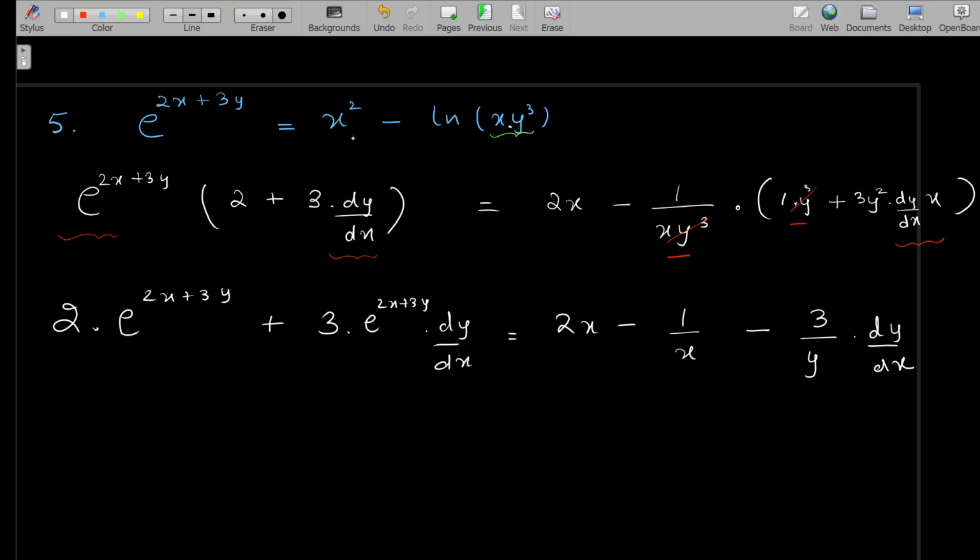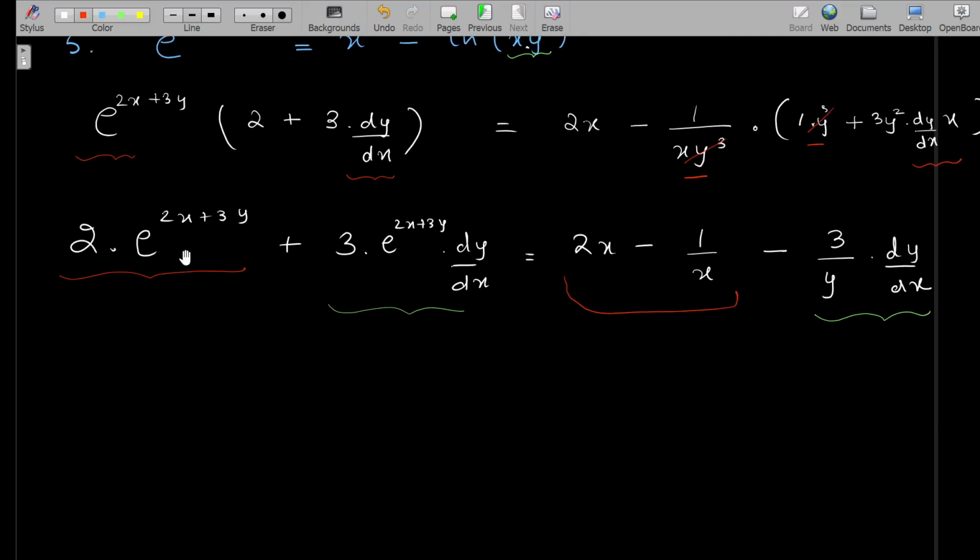Because that's times, right? So first you bring either this term on the right side, or you bring this term on the left side, and all the other terms on one side. So bring this term, and these two terms should be on one side. Okay, so the red ones on one side and the green ones on one side.